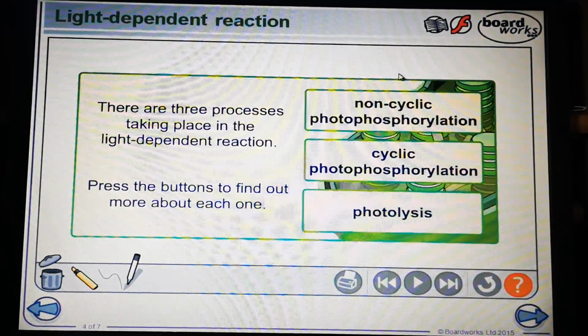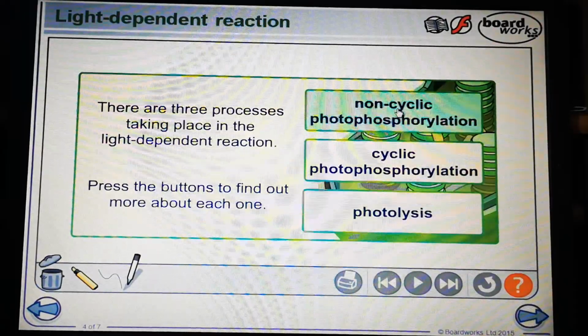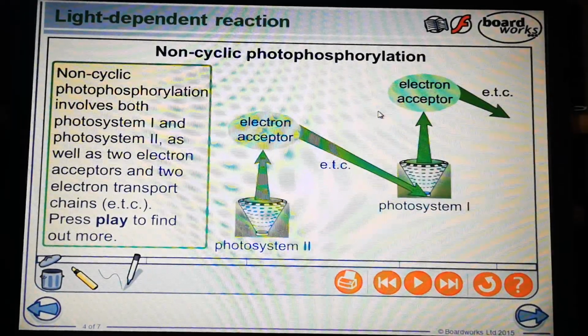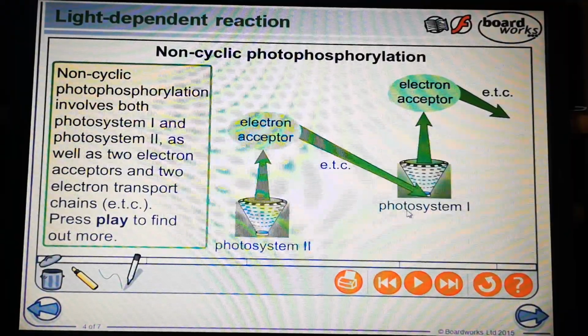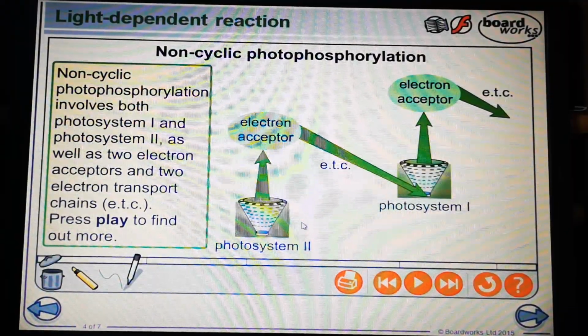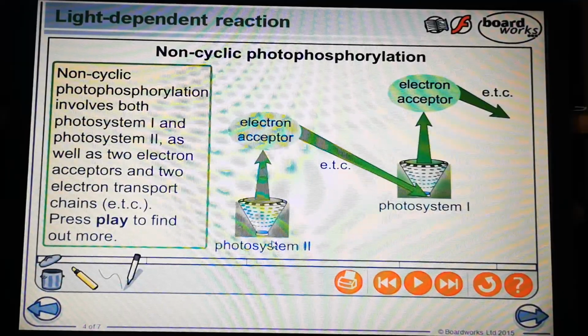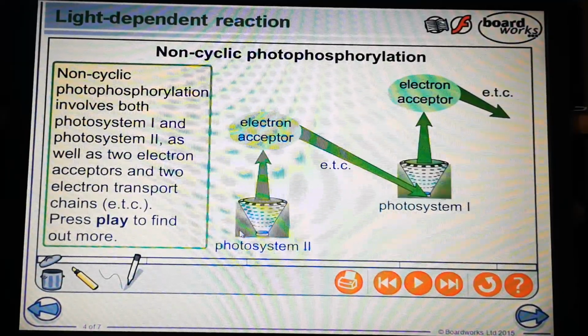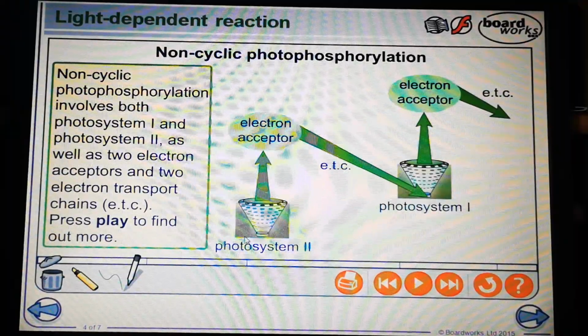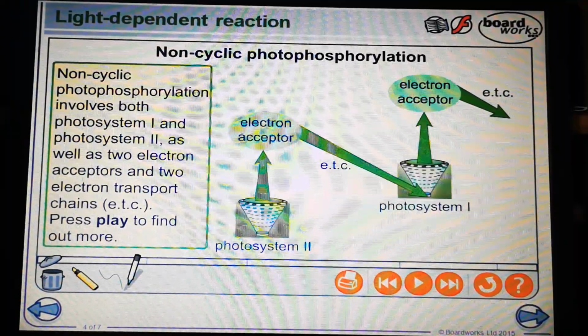So let's first of all have a look at non-cyclic photophosphorylation. This is a nice little summary here. Now, obviously, like I said, photosystem 1 was discovered first, and then photosystem 2 was discovered after that, which is a little bit annoying because it would have been nice if they discovered photosystem 1 first, because that's obviously where we're going to start our little story here.